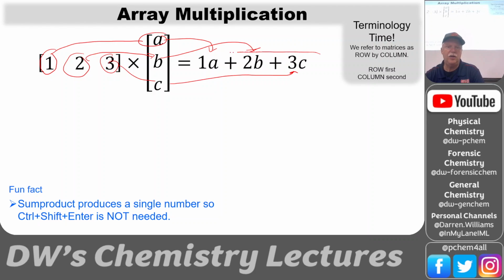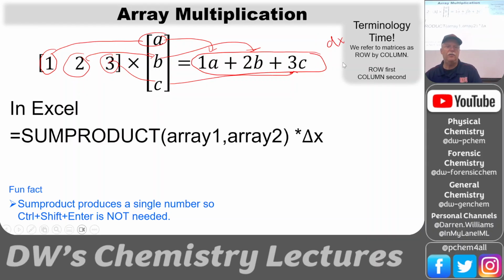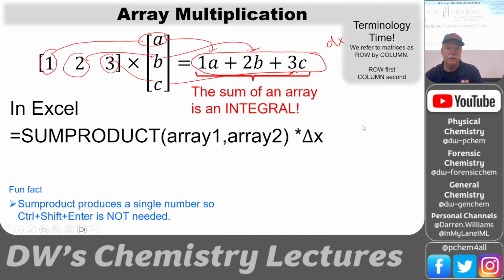So this is an integration right here. And if we took that and we multiplied by dx, oh, wait, what am I doing? Delta x here. Multiplied by dx, then we would have integration. So in Excel, if we did sum product array 1 times array 2 times delta x, that would be our integration.